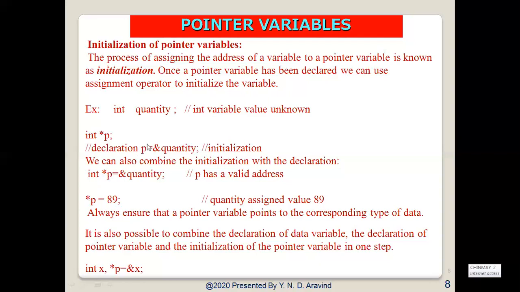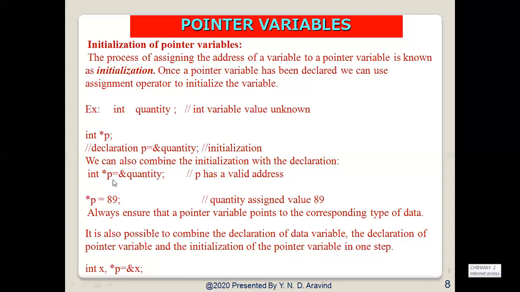Now suppose I can assign the value to quantity. I can directly say quantity is equal to 89. I can say star pointer p is equal to 89. So here, this is where I am assigning a value to the pointer variable, that is the address of quantity, and this is how I am assigning a value to the variable. P is equal to ampersand quantity is the address.